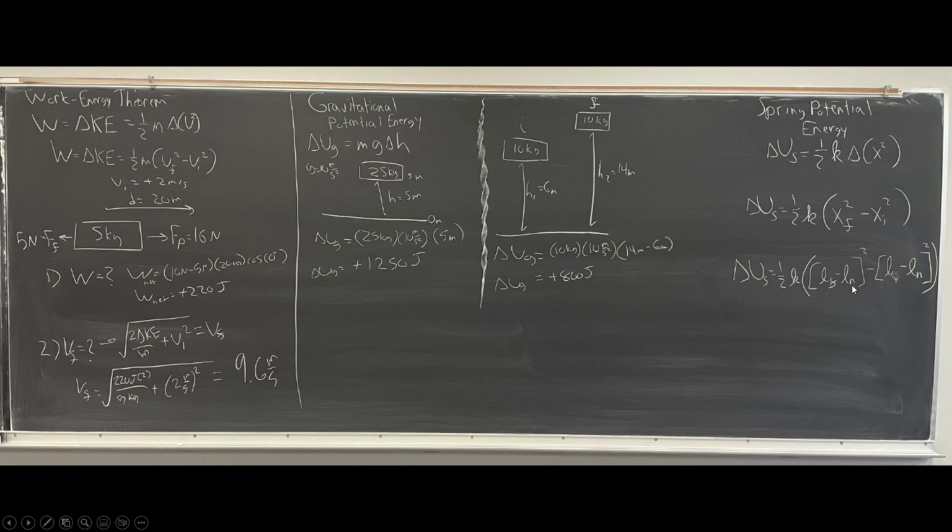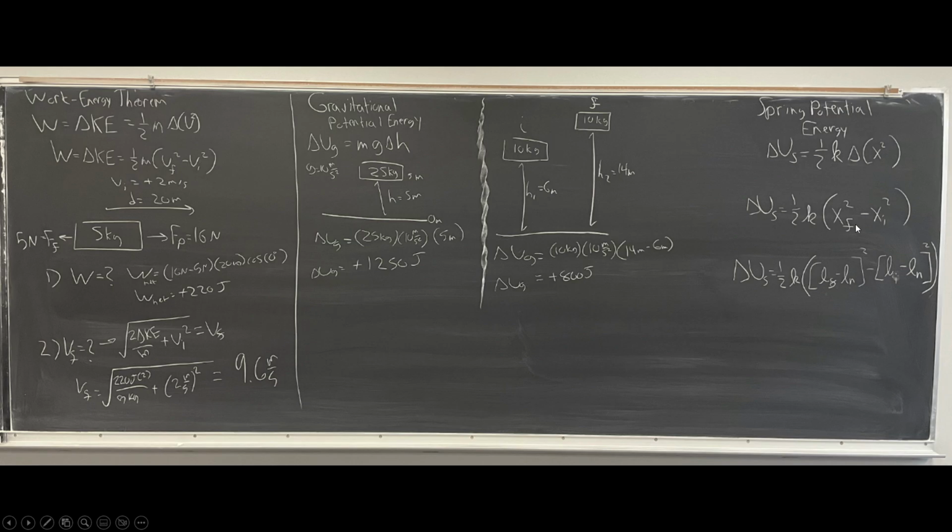You might see L naught or L dot as well for natural length. That difference gets squared, and then we'll subtract another difference, which is length initial minus the natural length. L initial minus the natural length, that's what x_i equals.